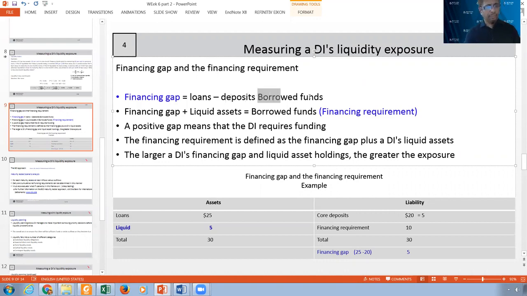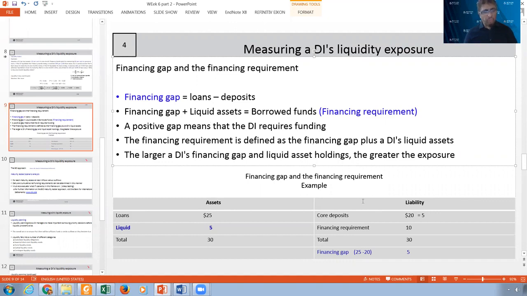This is the financing gap. Please correct it on your side. So it's loans minus deposits, which is this one minus this one. But now this is the financing gap.